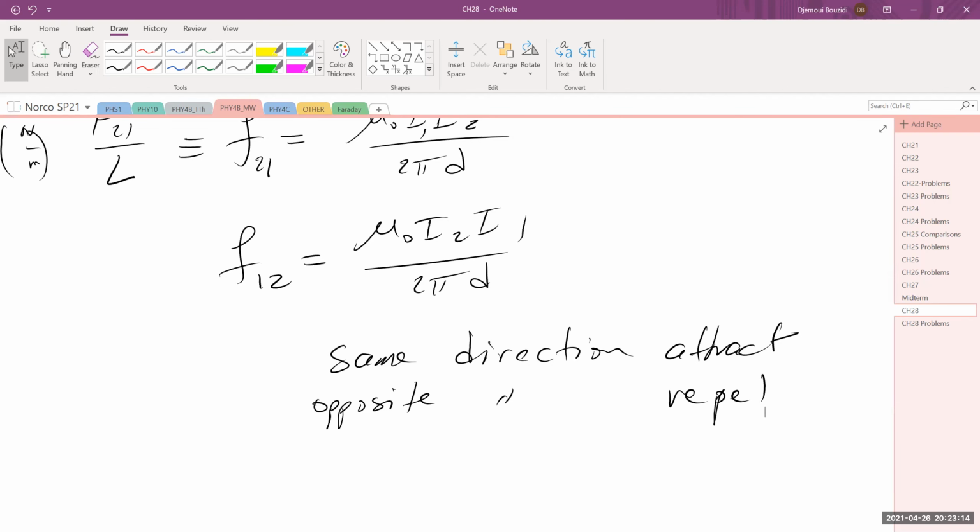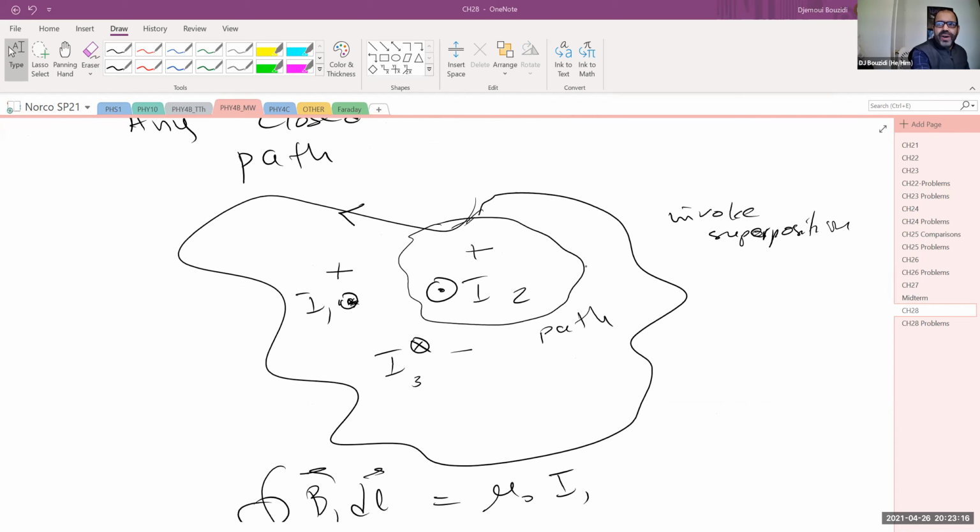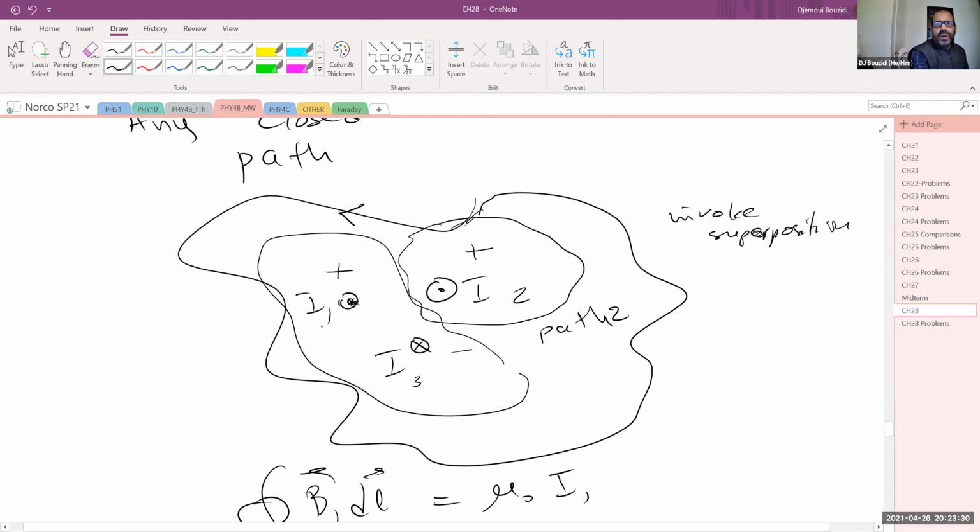If I take this path, for example path 2, and I tell you to find the circulation of the magnetic field around path 2, it's going to be just mu naught times I2. If I tell you to find it for this other path, it's going to be mu naught times I1 minus I3. That is something you need to be held responsible for.